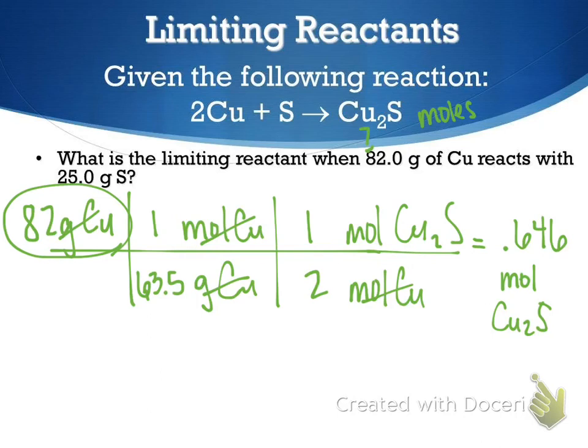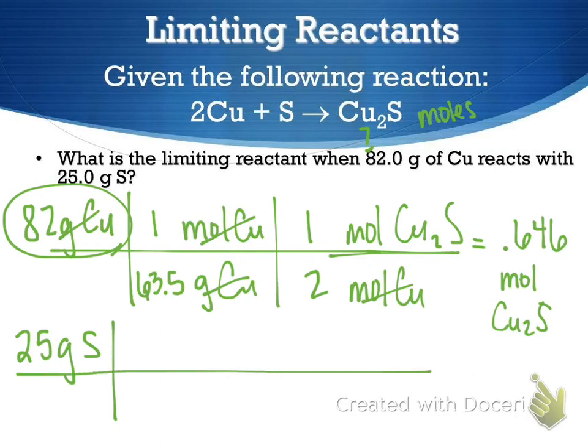So now we do another T-chart from our other starting amount, so 25 grams of sulfur, and we have to go to the exact same thing, right? So we need to go to moles of copper sulfide. We can't compare moles of copper sulfide and grams of copper sulfide. They don't compare the same way.